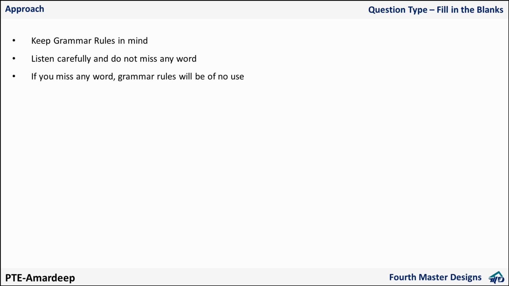Nothing can help you in that case. Do not miss any word at all. This is the basic rule. If you listen to a word and you are not sure, then with the help of these grammar rules you can answer that. But if you miss the word, then consider it like you have lost 1 mark. If you have missed 2 words, 2 marks are gone.